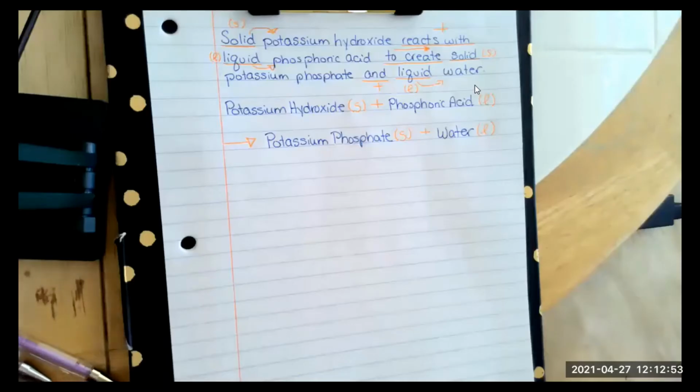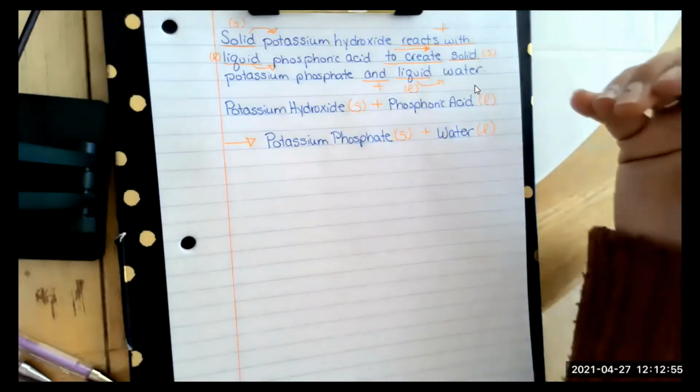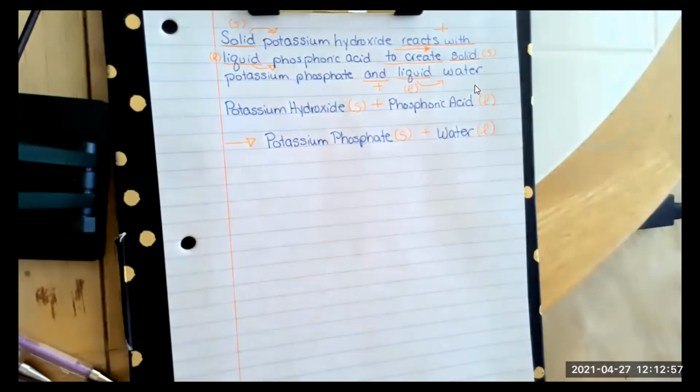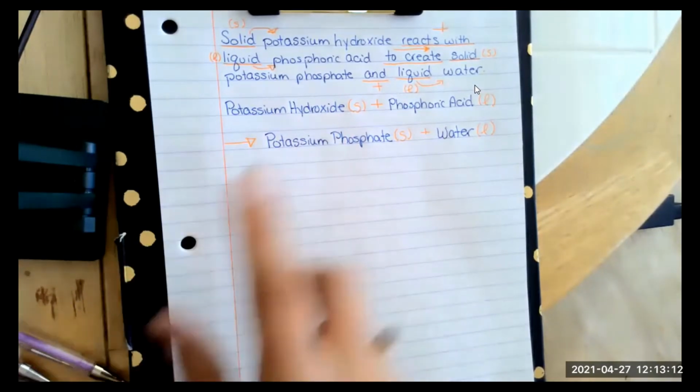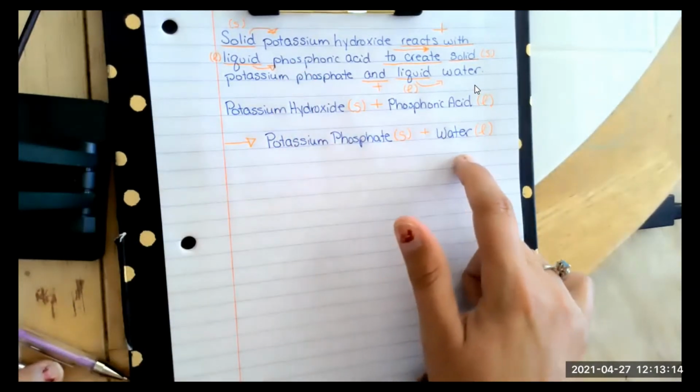Okay, so let's go from our word to our skeleton. Now, this is when I start talking about underlining and color coding, but this is also where I'm going to point out that we can physically see the word hydroxide, and we know hydroxide is a polyatomic, and we don't see it over here.